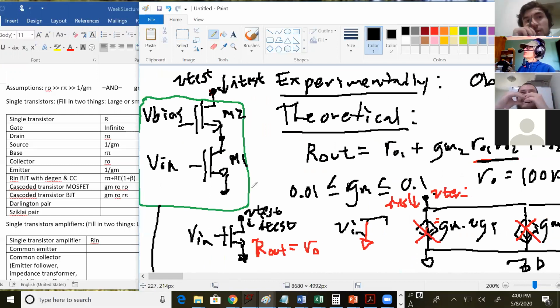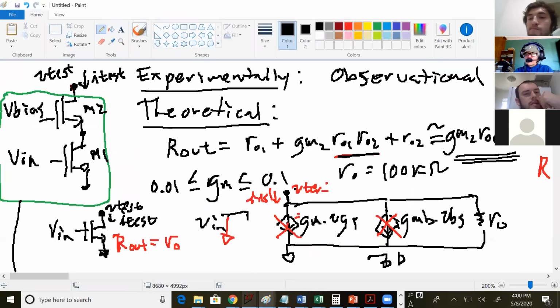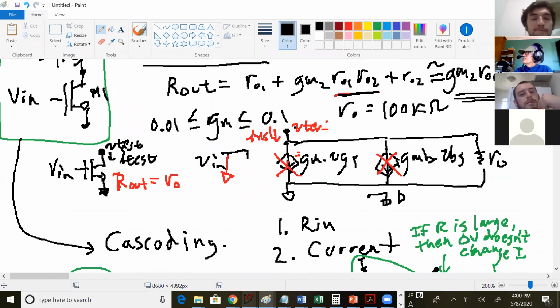If you have a large resistance and you change the voltage across it, what happens to the current? Doesn't change much. Yes, so what's that acting like? A current source? Exactly. So the current source that we've seen so far is actually one of the worst current sources there is. Resistors are the worst.